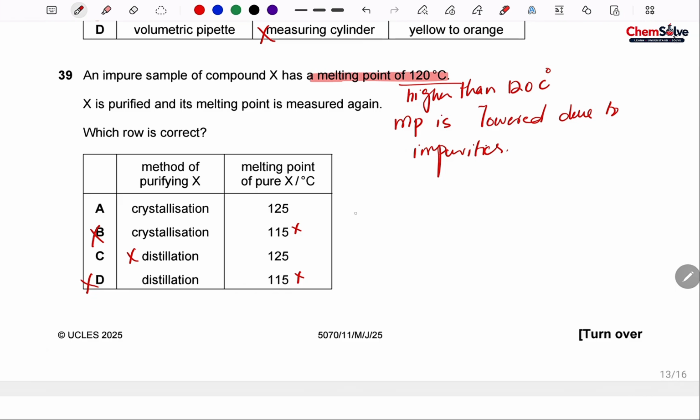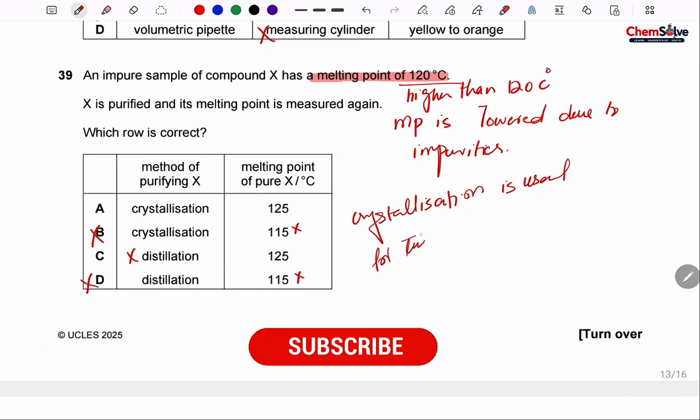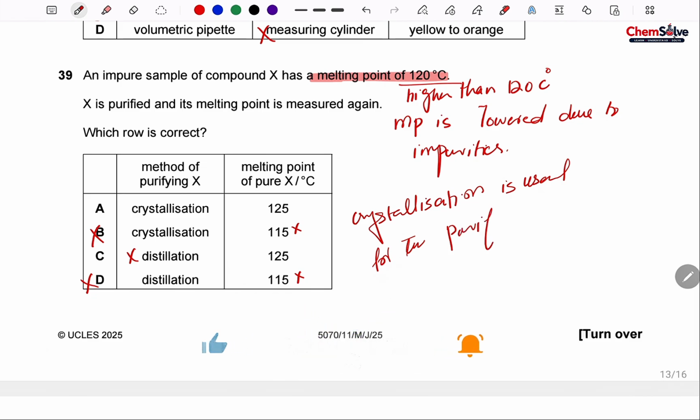We will use crystallization because crystallization is used for the purification of solids. That's how option A is the correct one.